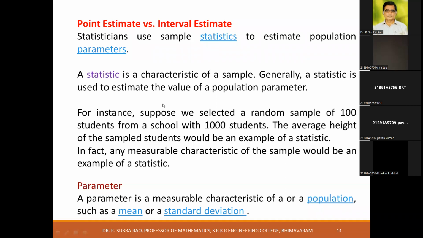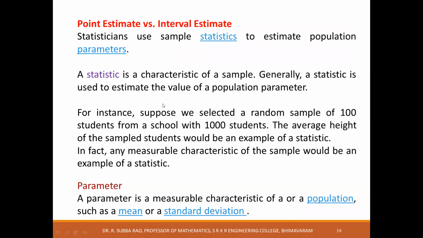That frequency distribution is called a sampling distribution of means, because for all these samples I am finding the mean and then preparing a distribution. Similarly, if I calculate the standard deviation for all these samples, I will get a frequency distribution of these standard deviations. That is called the sampling distribution of standard deviations. Like that, you can do it for each measure.